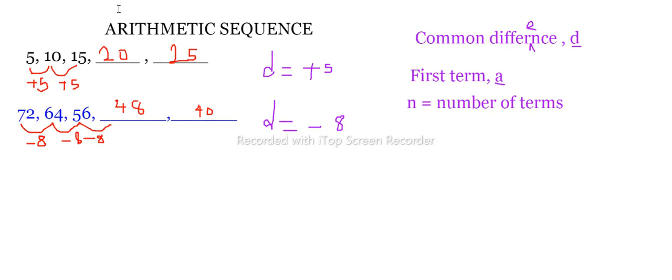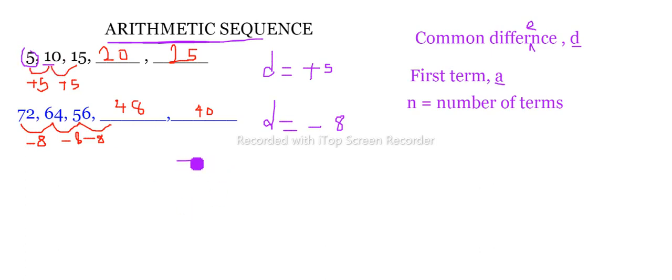Now, if we have our terms like this, each term has a position. 5 here is the first term, which is A. Then 10 is the second term, so we can call that T2.